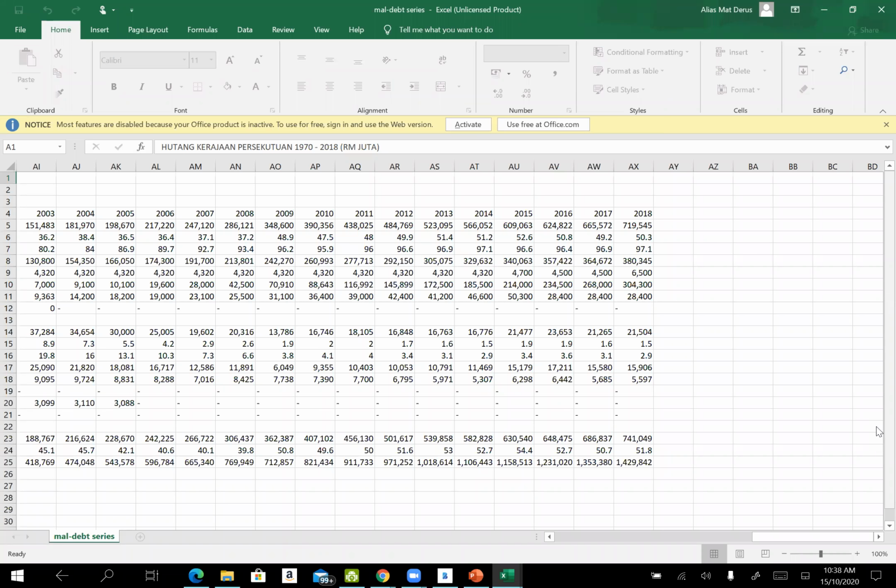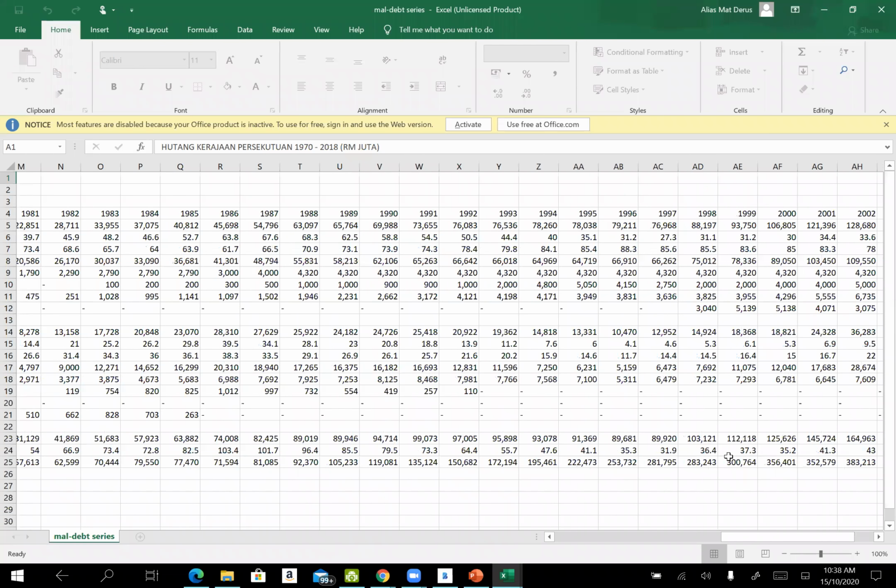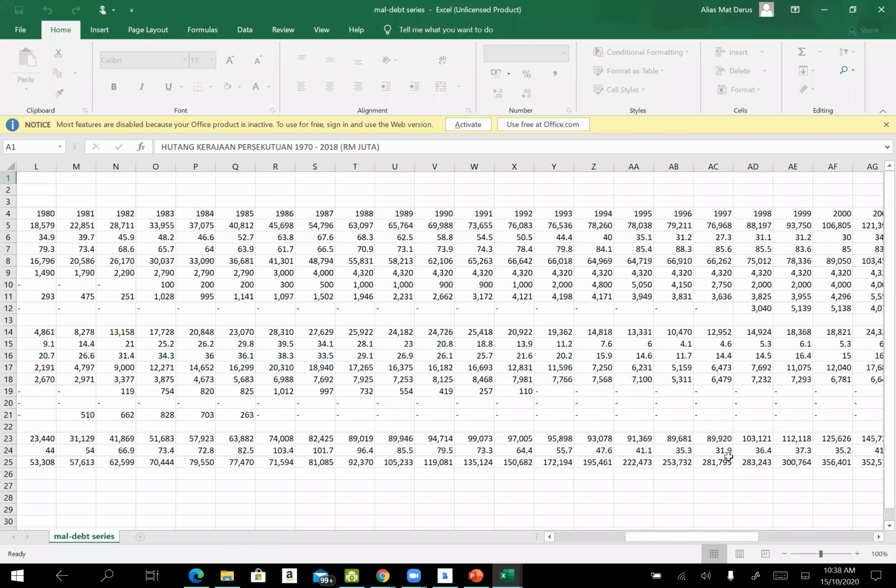So as a ratio to the GDP, that would be about 51%, 52%. So our debt is about half of the GDP.